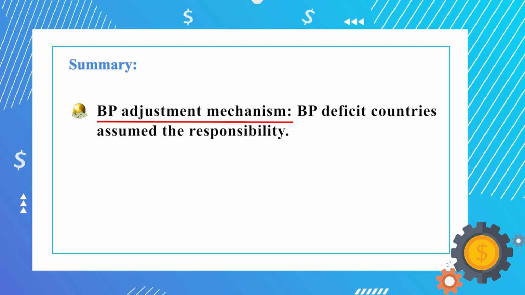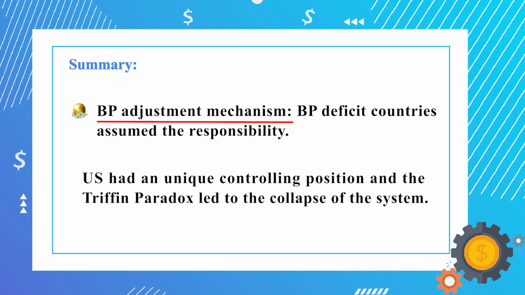From the aspect of BP adjustment mechanisms, it requires BP deficit countries to assume the responsibility. The result is that the US gained a unique controlling position under the Bretton Woods system, and the Triffin paradox led to the collapse of the system.